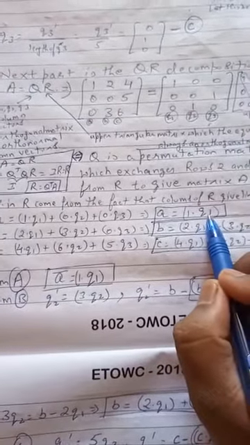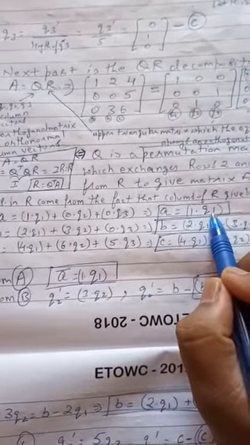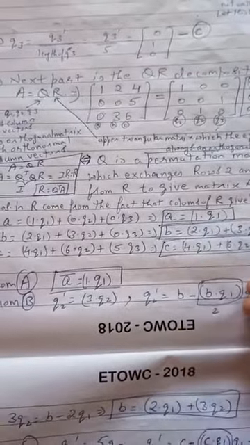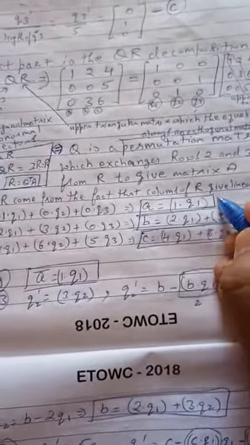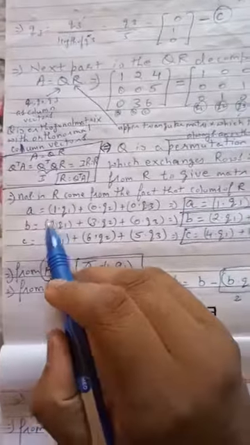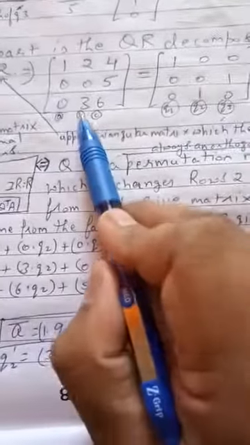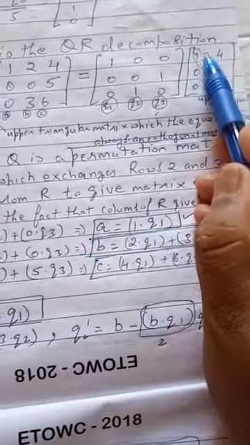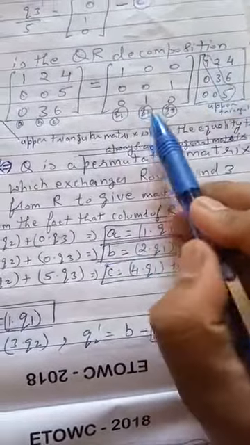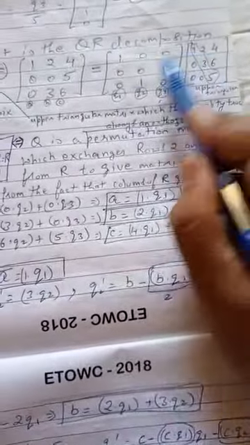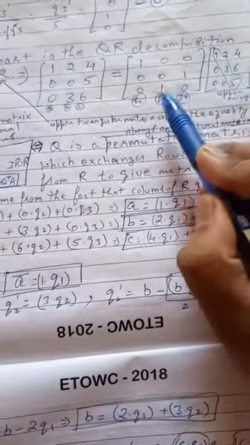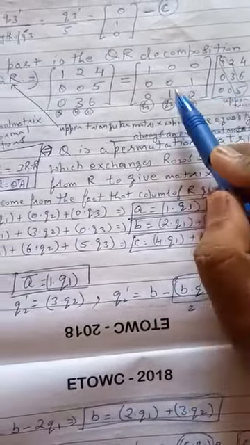So now if you look back at equation A, you will see that A is nothing but 1 into Q1. Therefore this is right. Now how do we write B? If you look at B here, this will be nothing but the second column of R multiplied with Q1, Q2 and Q3. So I have written 2 into Q1 plus 3 into Q2 plus 0 into Q3.